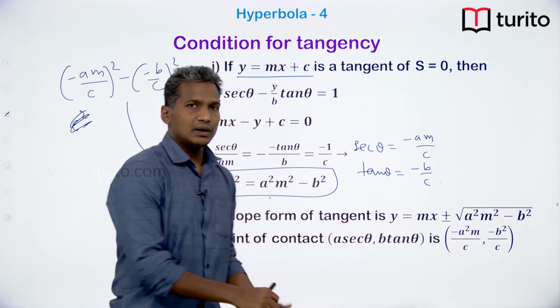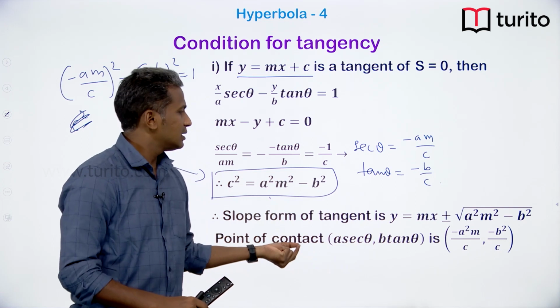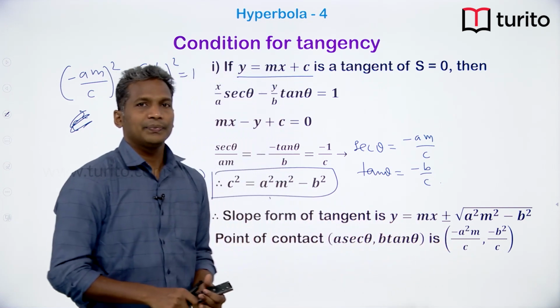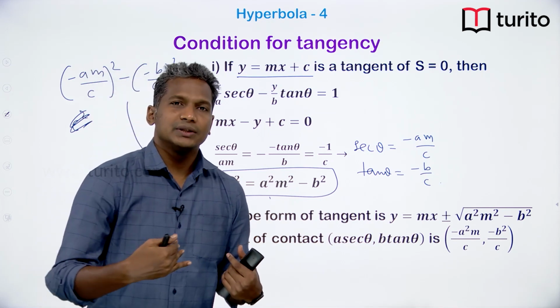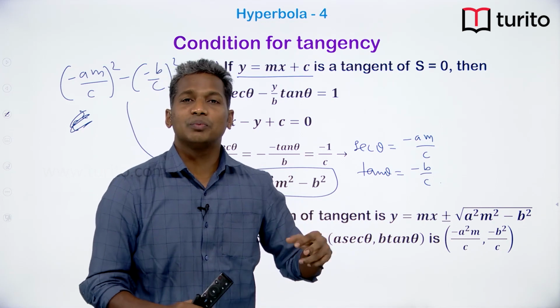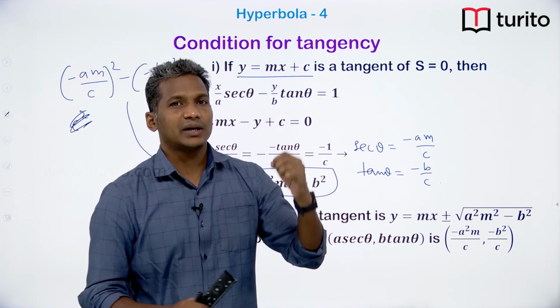Okay. Now, if I want to find out the point of contact, then I can directly use this formula to find the point of contact. But you know our approach. We try to minimize the memory part, we try to maximize the alert part, we try to maximize the idea part. Okay.